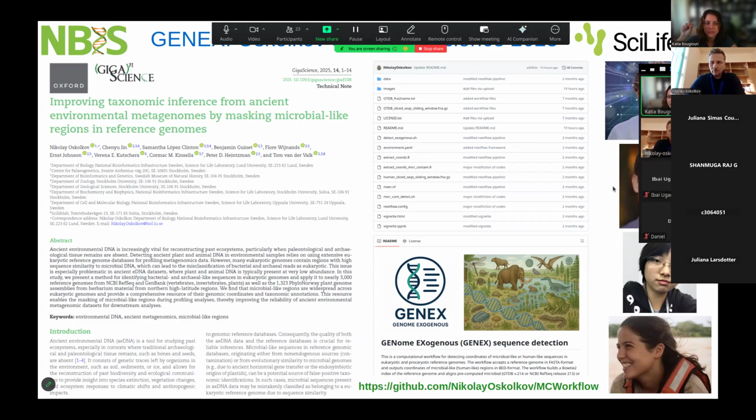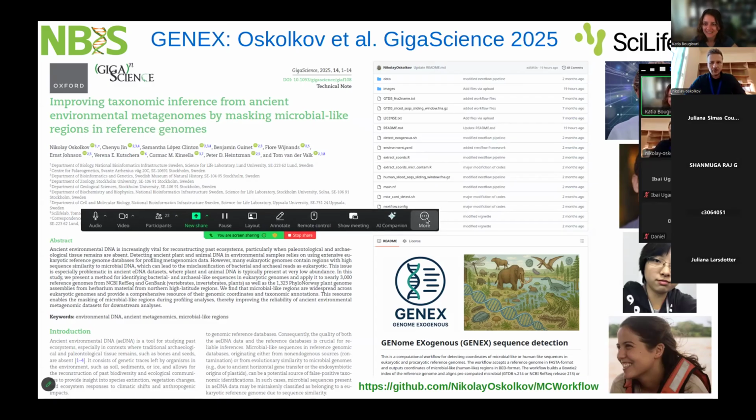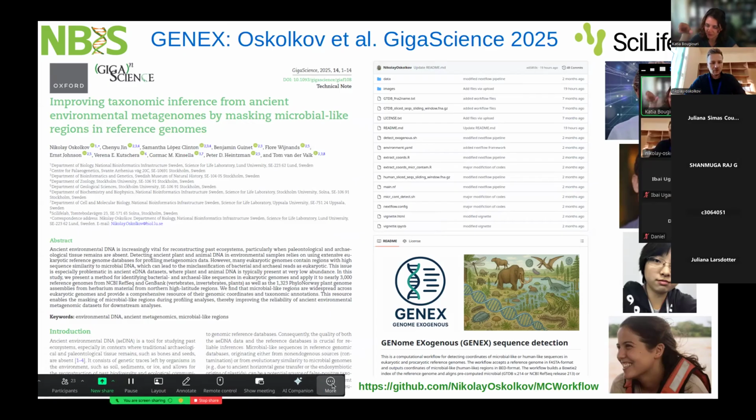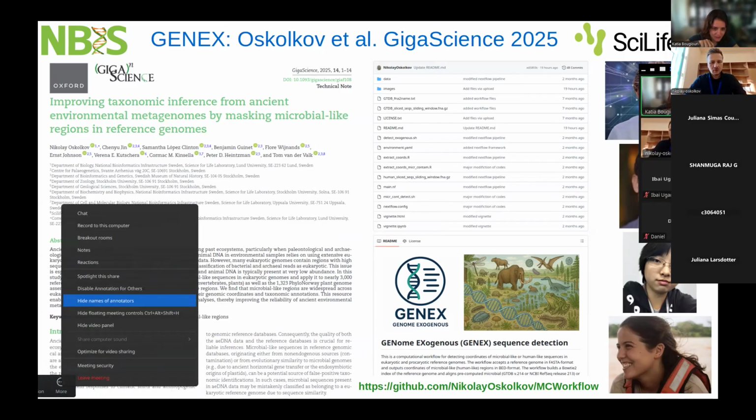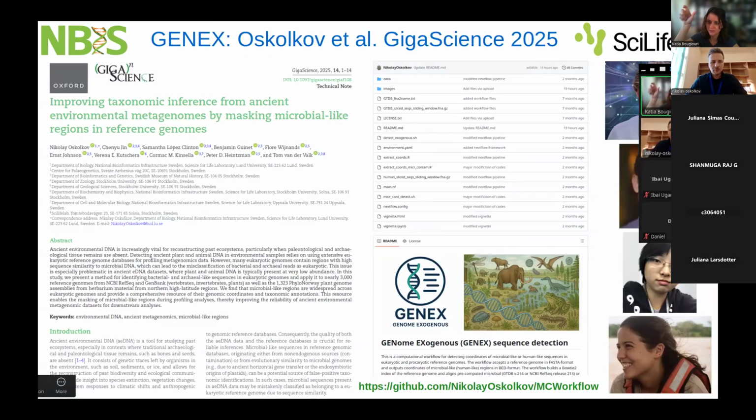Nikolay, could you minimize the floaty from Zoom, because it's covering the slide. It's currently covering Tom and Peter's faces. And the videos of the participants on the side are also covering the right part.